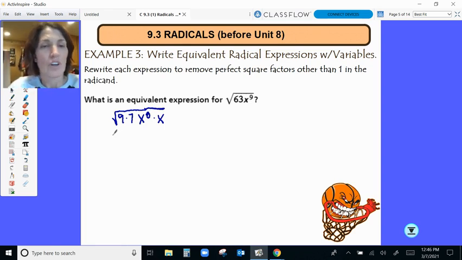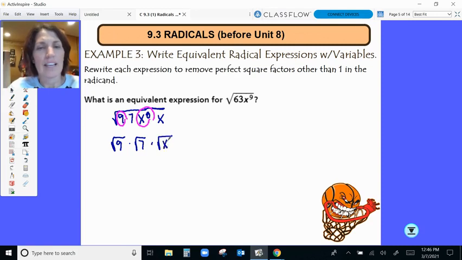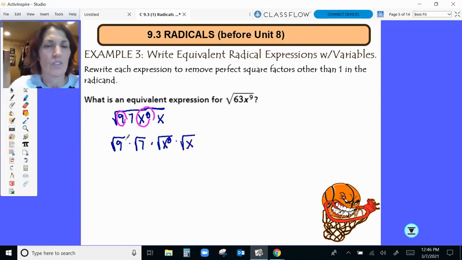Okay, and so now I'm going to have this is a perfect square factor, and this is a perfect square. Okay, so I can separate these into the square root of 9 times the square root of 7 times the square root of x to the 8th times the square root of x. Okay, the square root of 9 is 3.